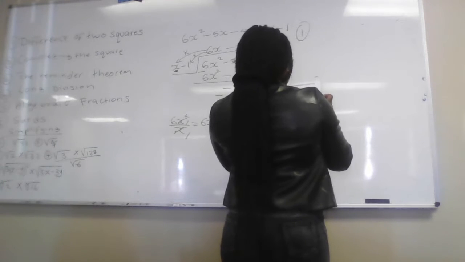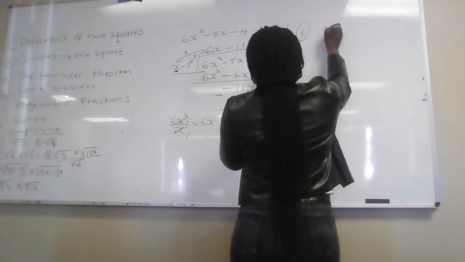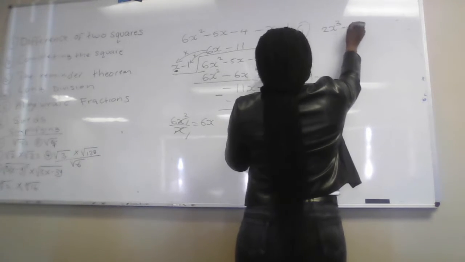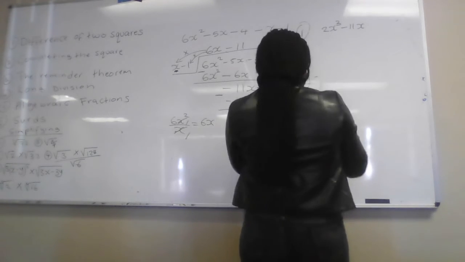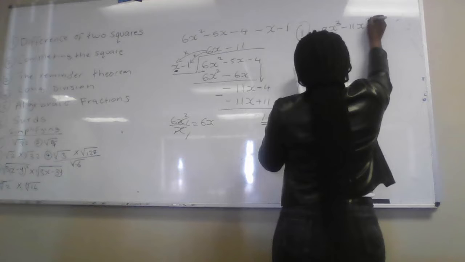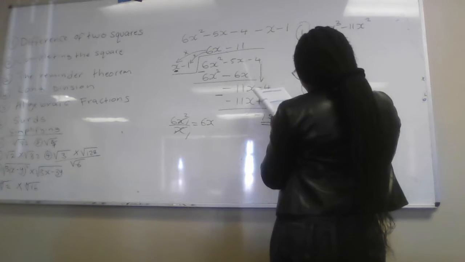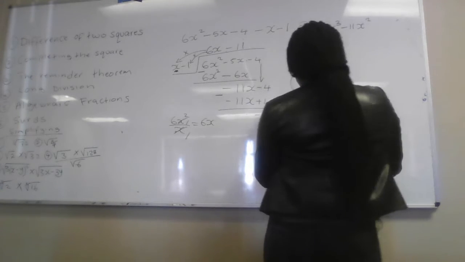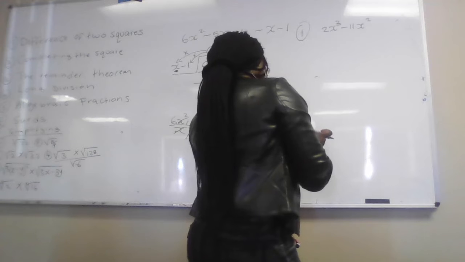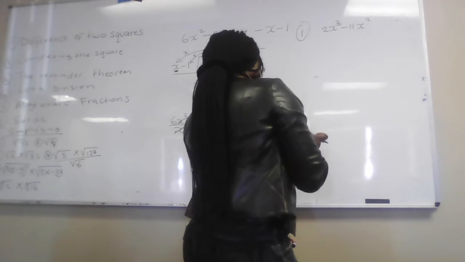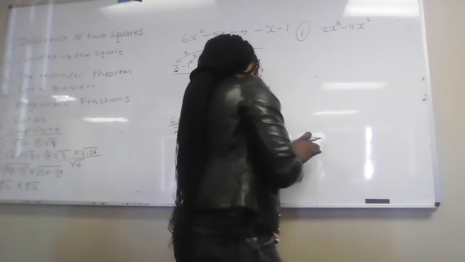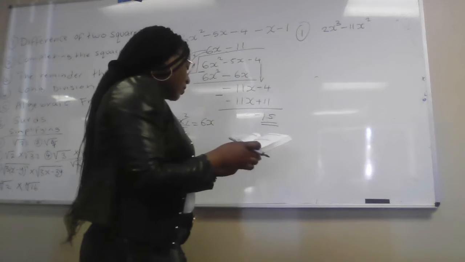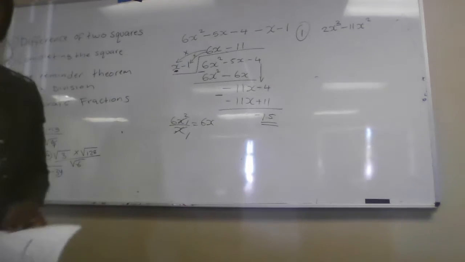If I give you, prove that 2x cubed minus 11x squared, doing the long way. I can't see the activities.